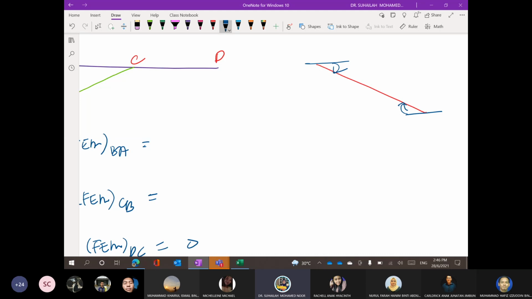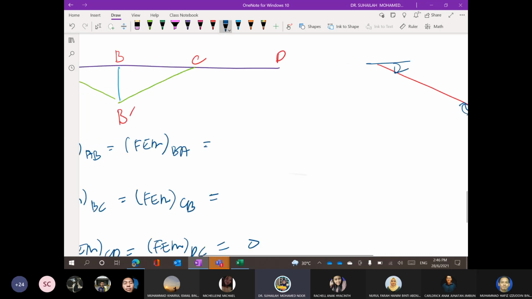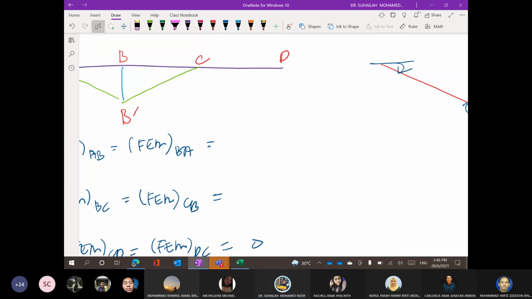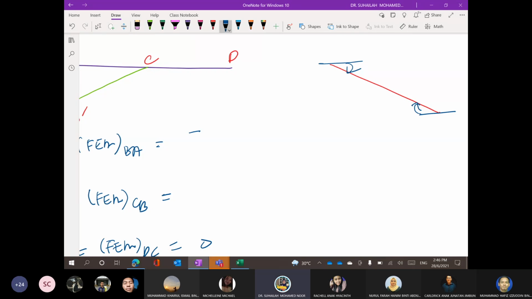The angle is clockwise, so FEM is negative. So it is 6 EI delta over L squared. This is AB, A and B. Understand this? Yes, madam.